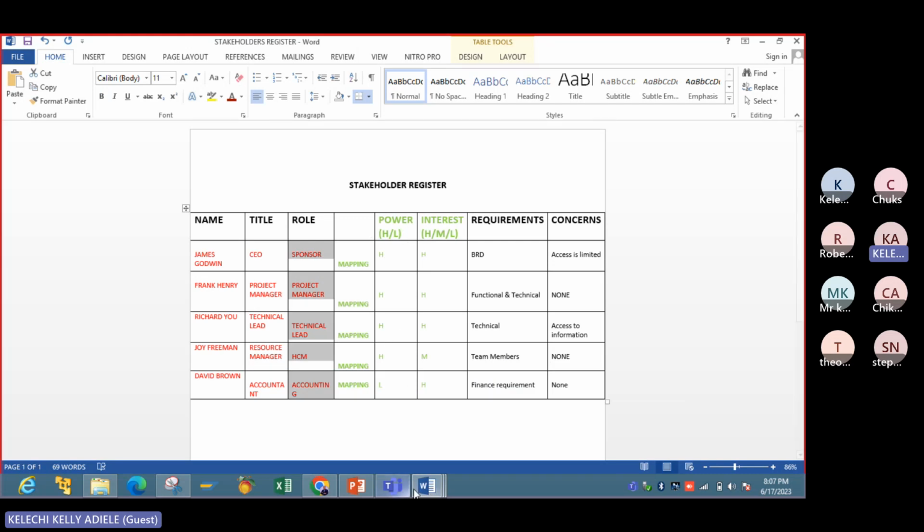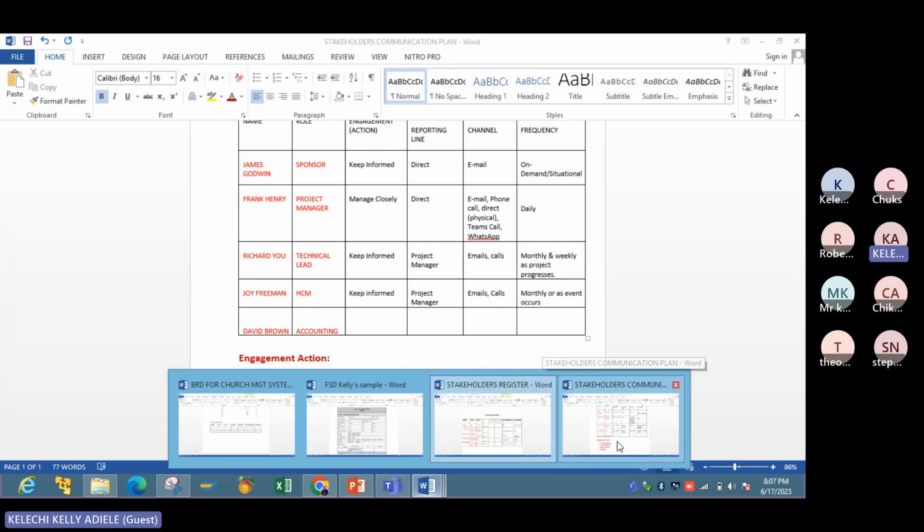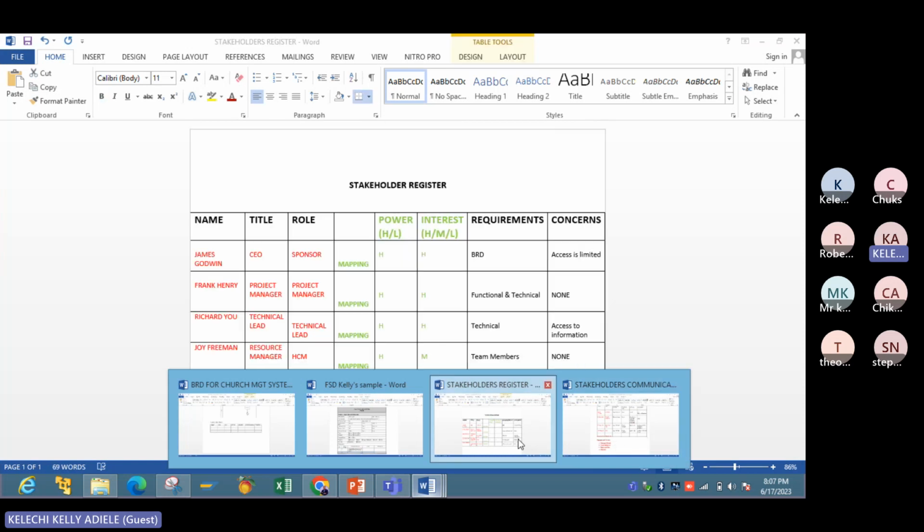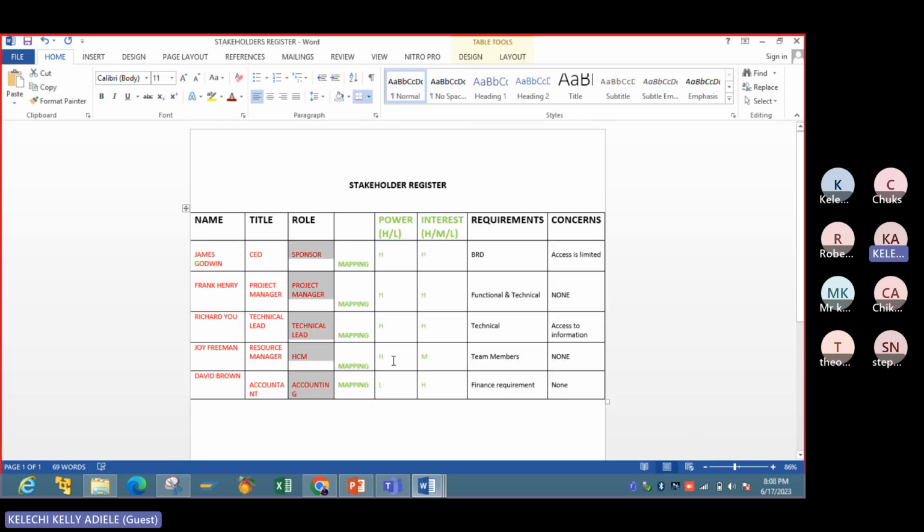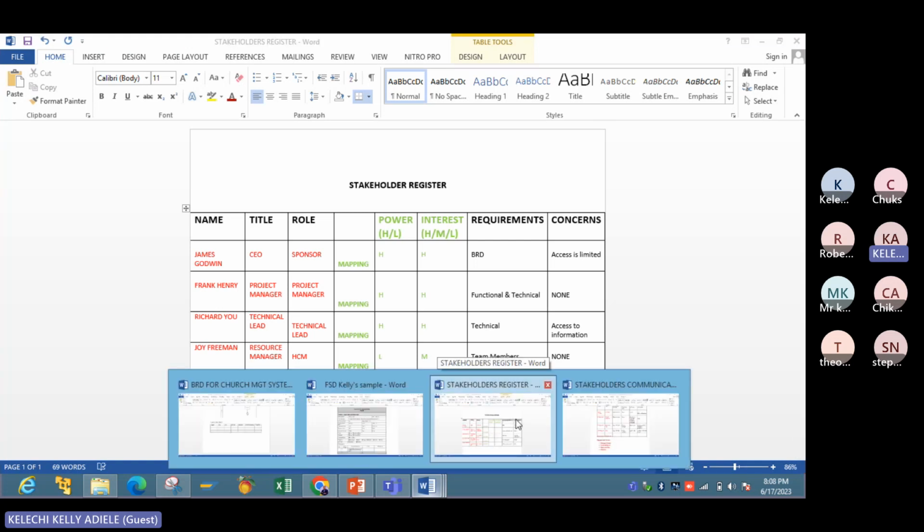Another thing that will drive your decision to keep informed in the engagement action is the person's power and interest. I think the power here is not so high, it's low. So the power is low, the interest is medium. So keeping informed is okay.